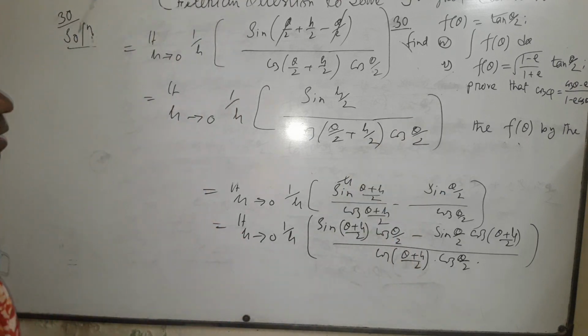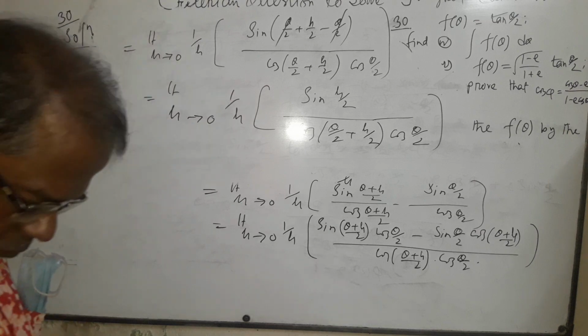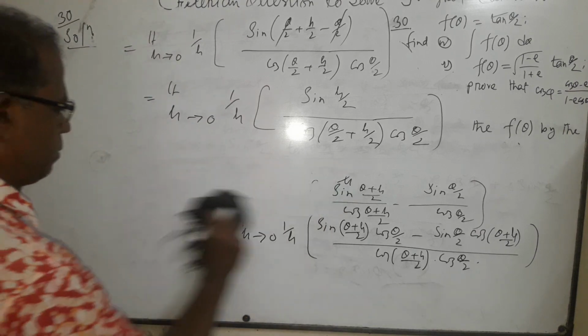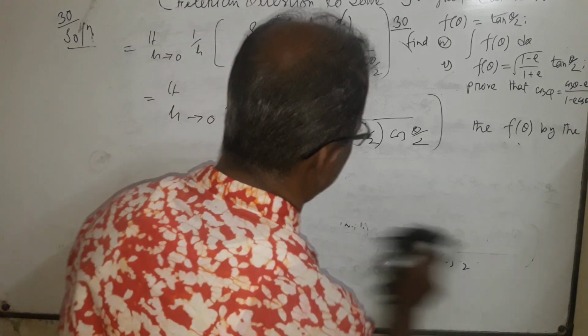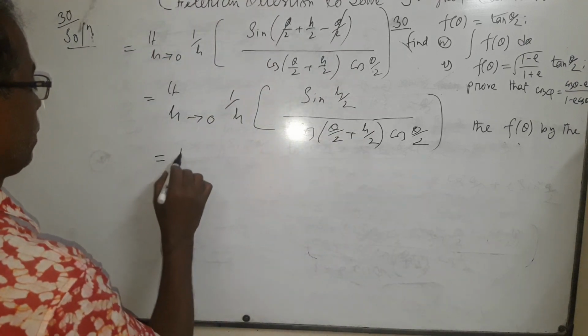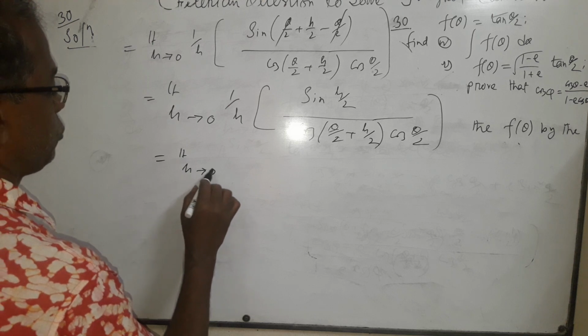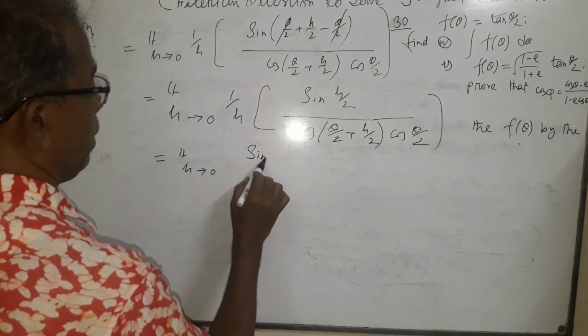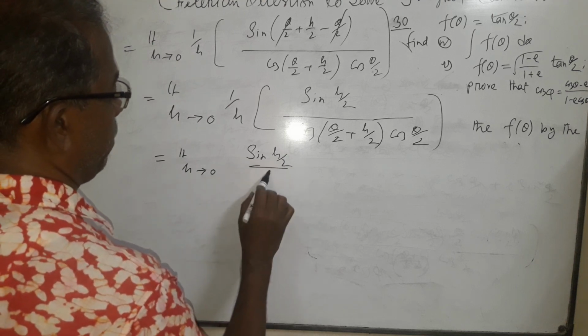That's why we have to make all terms clear in easy ways. Limit h tends to 0 of sin h divided by 2 divided by h.